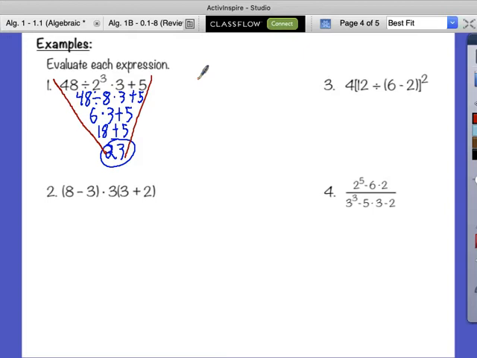I want you guys to try number 2 on your own. Just a heads up, number 2 is down here beneath it. I messed up on the ordering of this one. I fixed it for next year, but I already messed up on it for this year. So the one right below number 1 is number 2.